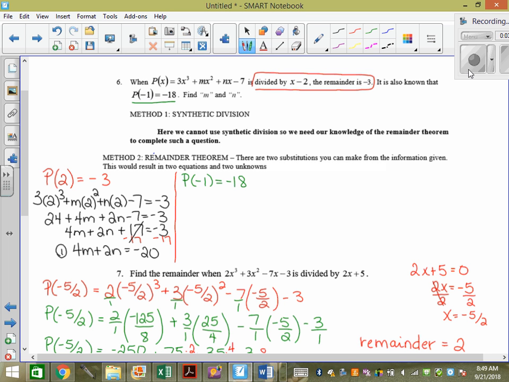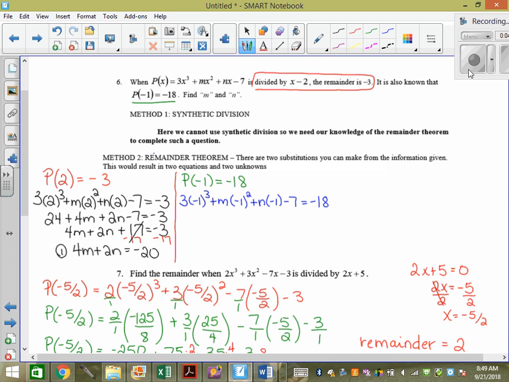Then I'm going to do the exact same with equation 2. So I'm going to get 3 times negative 1 cubed plus m times negative 1 squared plus n times negative 1 minus 7 equals negative 18.